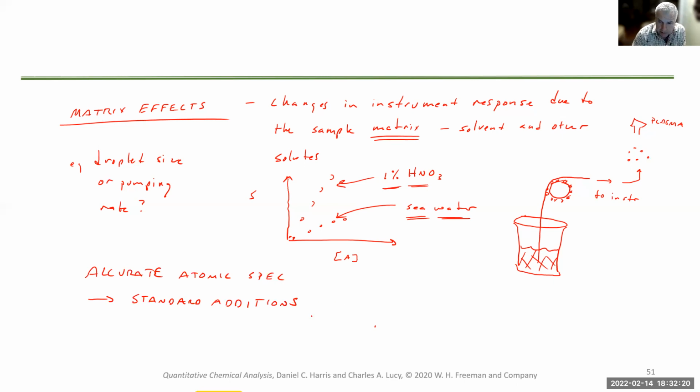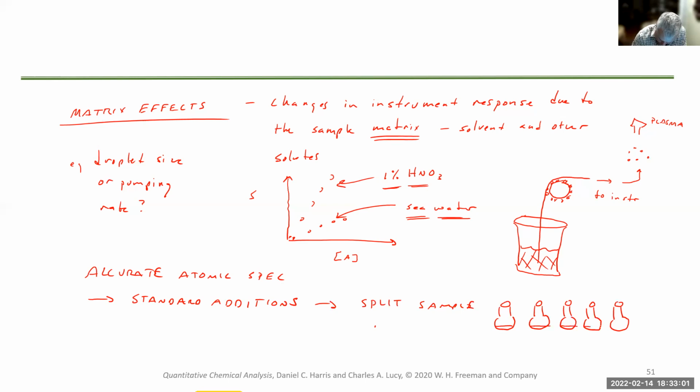in one type of standard additions, you split your sample into, let's say, 5 flasks, and you put a little bit of sample in each of these guys, right?